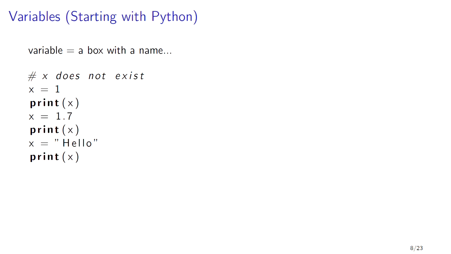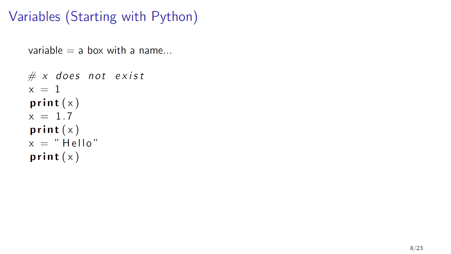So in Python, a variable holds stuff. You can think of it as a box in memory that's got a name, and you can stuff things into it. And Python, being what we call a dynamically typed language, doesn't require us to declare a variable before we use it.